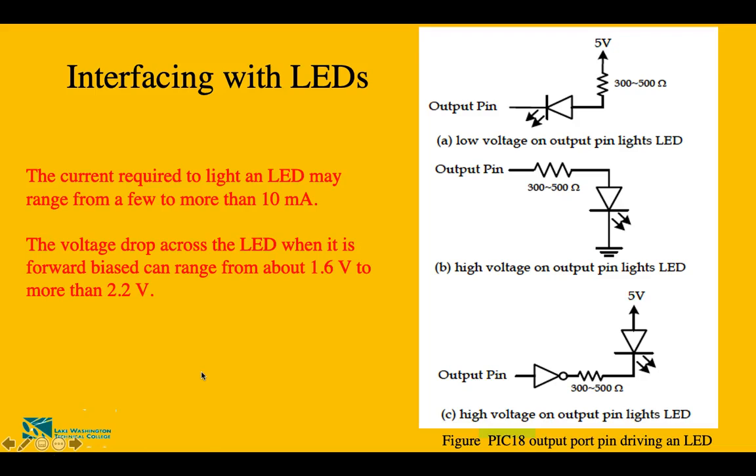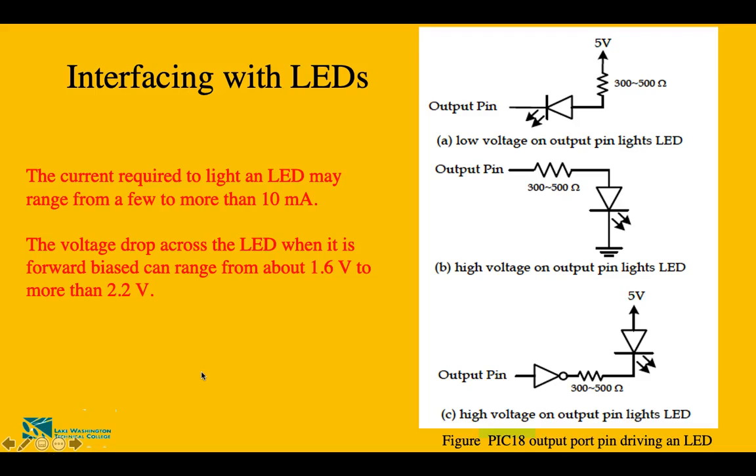For example, you want to show the indication that the power is on, or in the project which you will be doing, like your alarm system and temperature indicator, you can use an LED to indicate any output, for example, whether the alarm is armed or disarmed. And in case of the temperature indicator, whether the temperature is high or low.